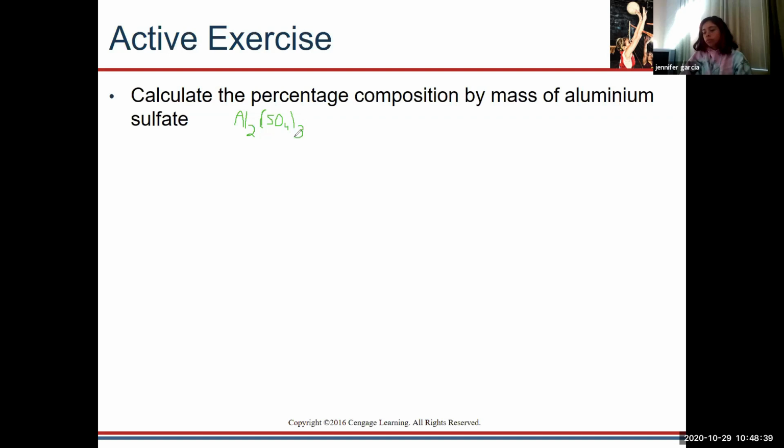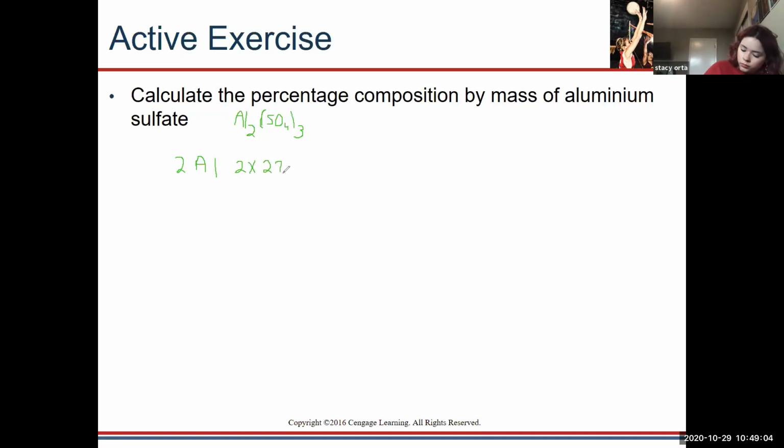Okay, so what am I going to do next? Find their mass. Okay, how many aluminums do we have? 2. And each one weighs how much? 27.